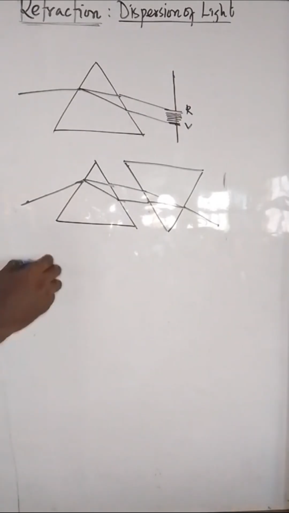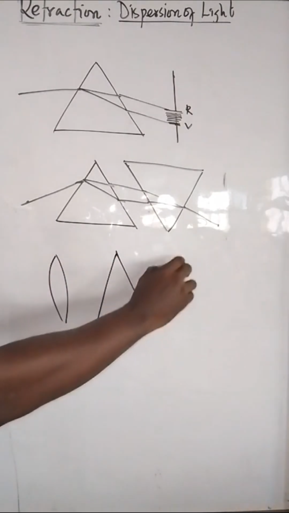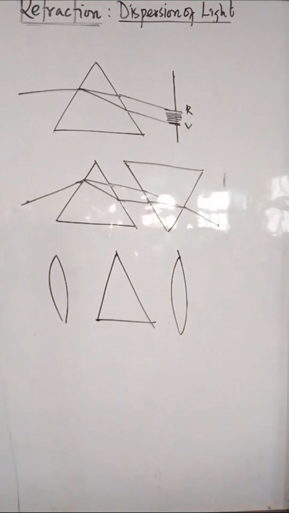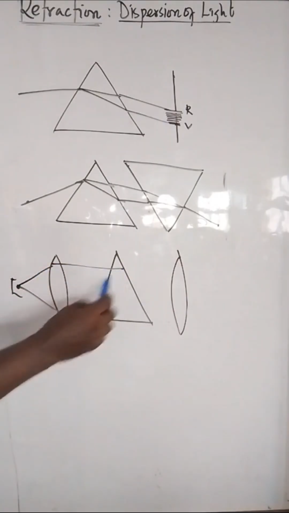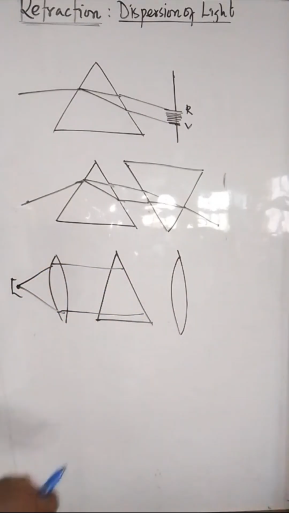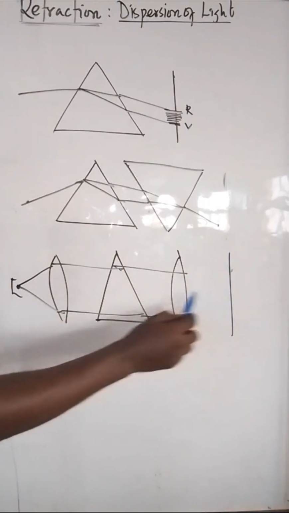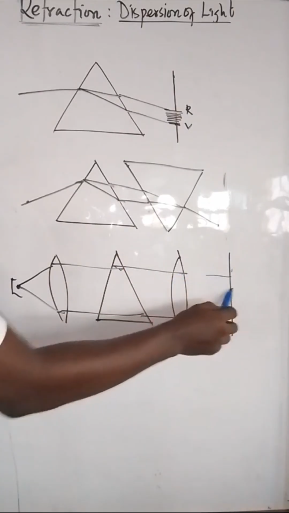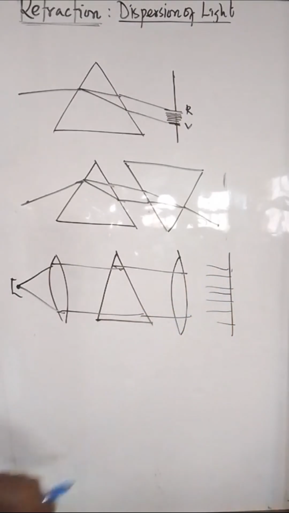Pure spectrum is formed when we have two converging lenses, one before and one after the prism. So we need a source of light that will produce a beam of light. When it gets here, there will be dispersion, and this second lens will further separate them into what we call a pure spectrum.